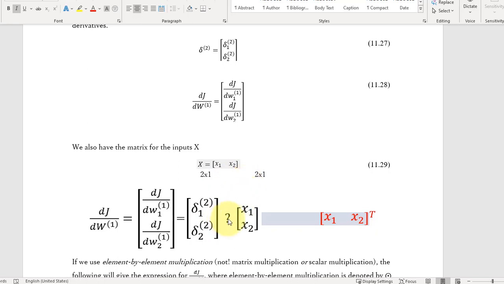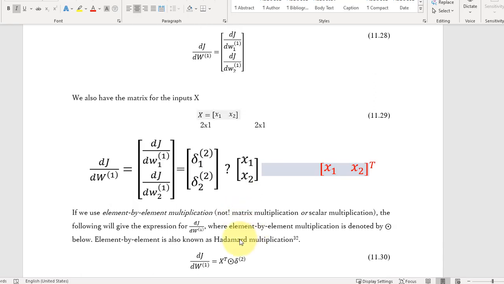So we do have something called element by element multiplication. There's also another name for it. I don't know the history of this. I think it has to do with some application in physics or whatever. But anyway, it's sometimes called the Hadamard multiplication of two matrices, where it just means element by element multiplication.